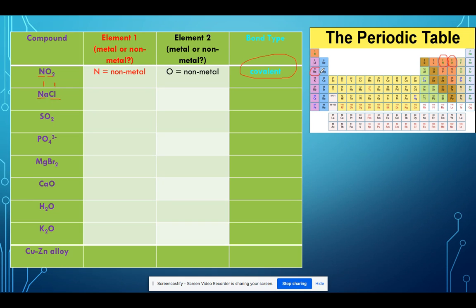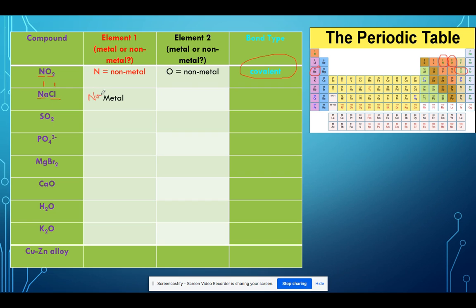Na is on this side. Remember, Na is sodium. And I see Cl all the way over here. So now what we have is a metal and a nonmetal bonding together. Na is our metal, and you can write that in here.